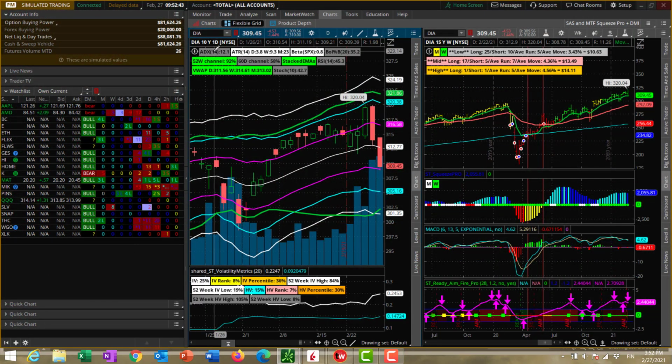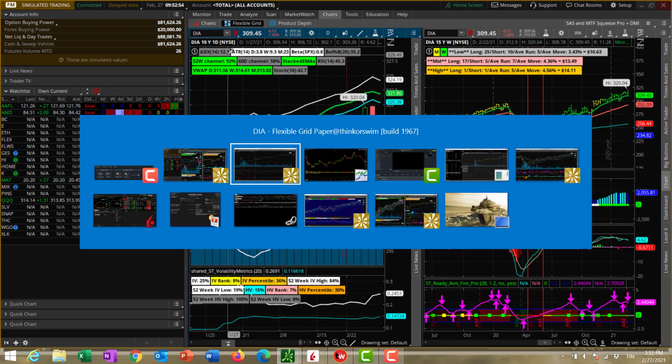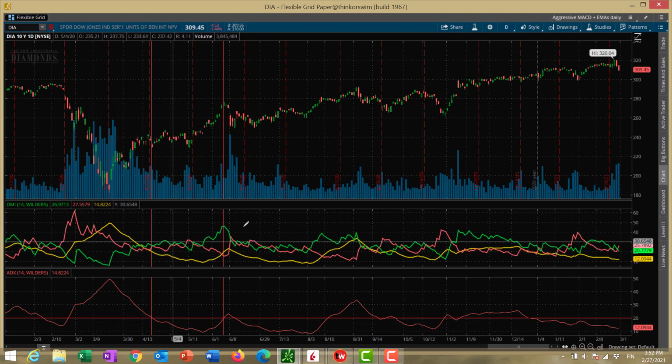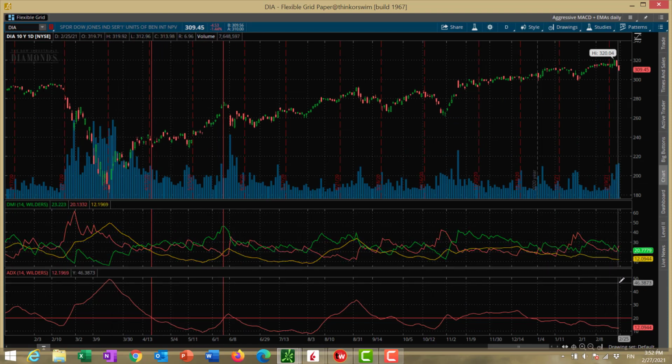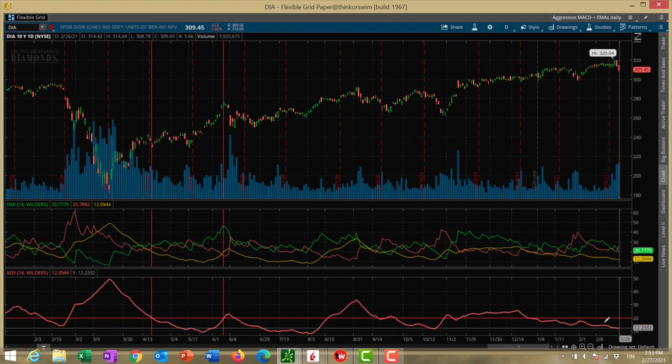So now it's gray. There is no very clear direction because the ADX is 12 and 12 is below 20. So this diamond here, or Dow Jones Industrial Average, the ADX is 12.